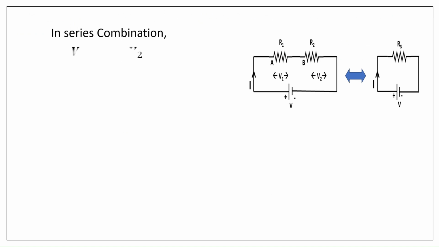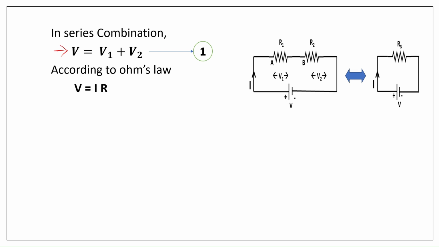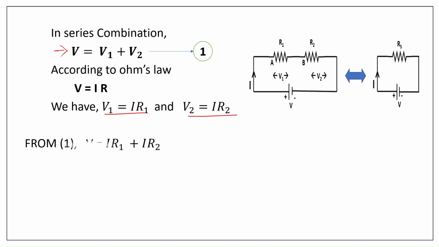In series combination, the potential difference applied across the combination is V is equal to V1 plus V2. Mark as equation 1. According to Ohm's law, V is equal to IR. So we have V1 is equal to IR1 and V2 is equal to IR2, where I remains constant in series combination.